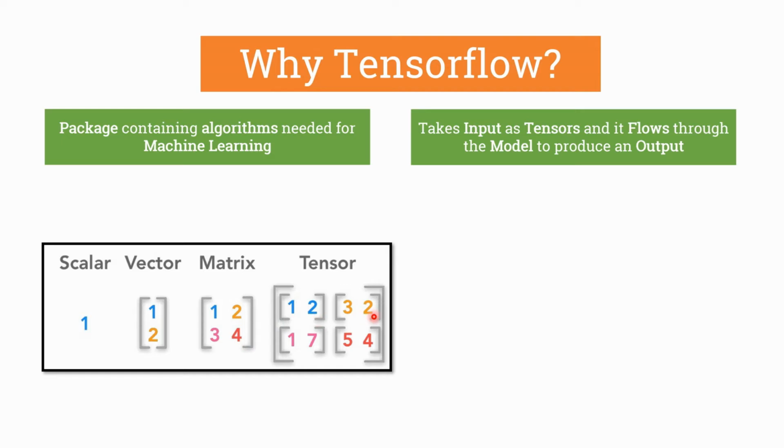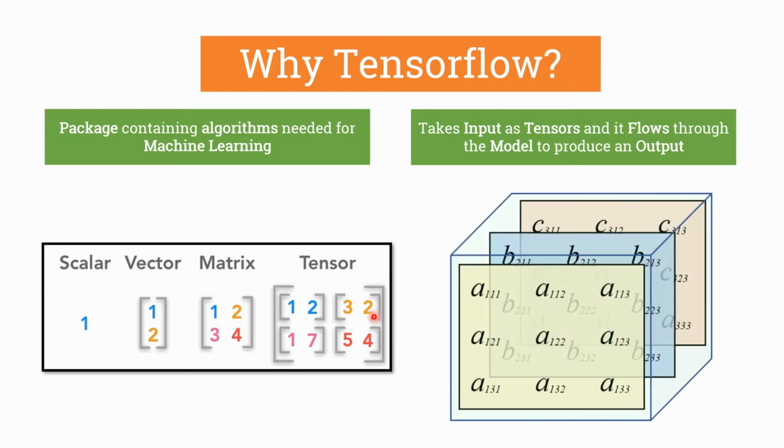When we are feeding information which has more than two dimensions, for example, an image which has a red, green and blue channel, because an image has RGB colors. So it has scalars arranged in a matrix in the red channel, a matrix in the blue channel and a matrix of scalars in the green channel.